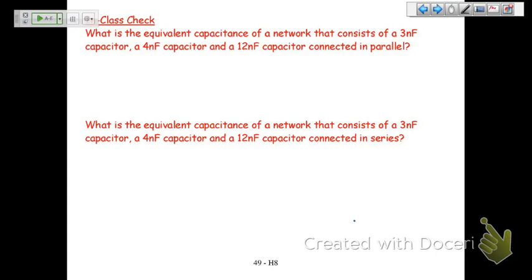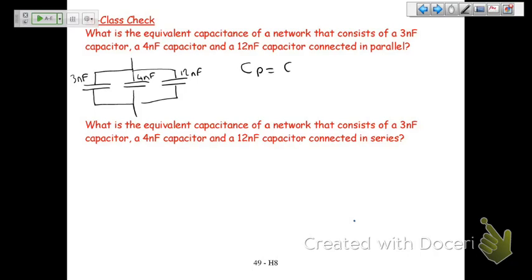What is the equivalent capacitance of a network that consists of a 3 nanofarad capacitor, a 4 nanofarad capacitor, and a 12 nanofarad capacitor connected in parallel? So this is 3 nanofarads, this is 4 nanofarads, and this is 12 nanofarads. C parallel equals C1 plus C2 plus C3.